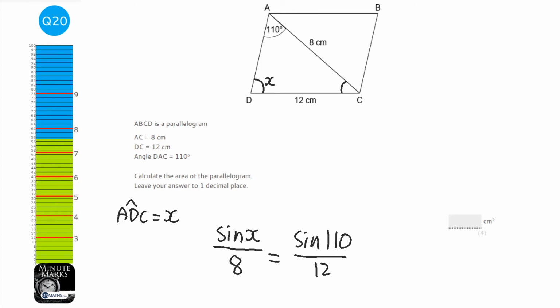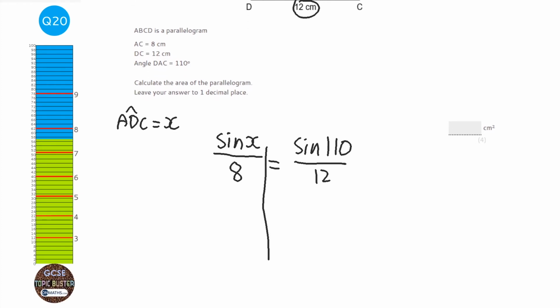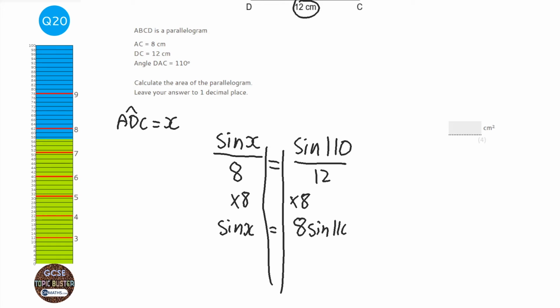And the reason it has to be that way around is obviously sine matches up opposite angles and lengths, so it's going to be those two and those two. So first thing I'm going to do is just times both sides by 8. So it's going to be sine X equals 8 sine 110 over 12. And then what I'm going to do is inverse sine both sides.